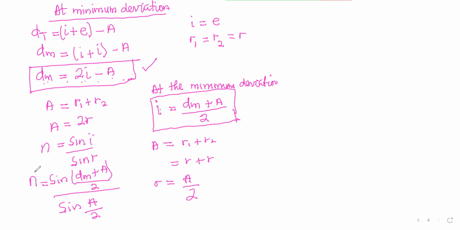So at the minimum deviation, this will be the expression to determine the refractive index of the material used as a prism. But note that whether we are at the minimum deviation condition or not, the refractive index of the material used as a prism wouldn't change. It will be the same value.